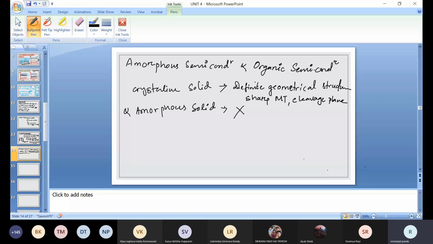Also, crystalline solids are anisotropic in nature. Anisotropic means they show directional properties.